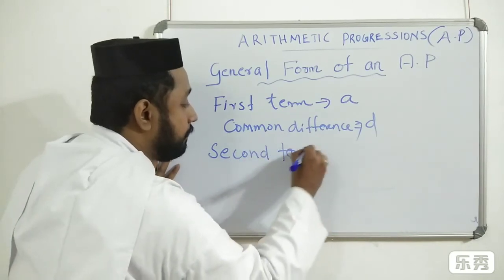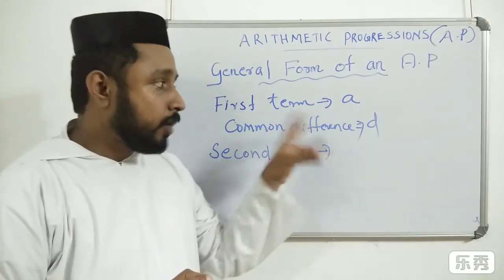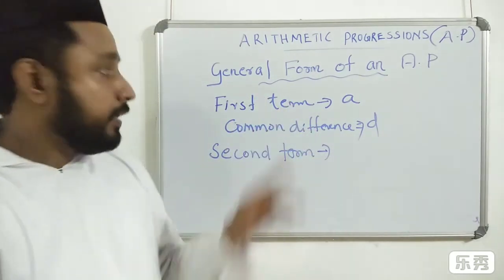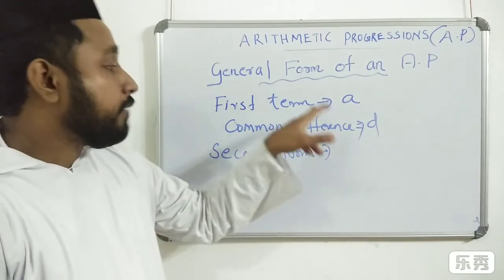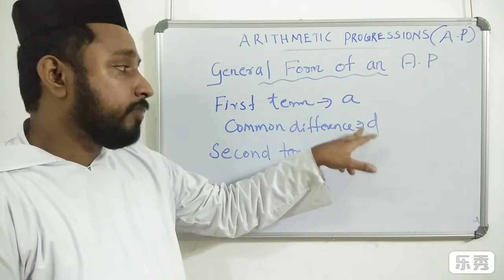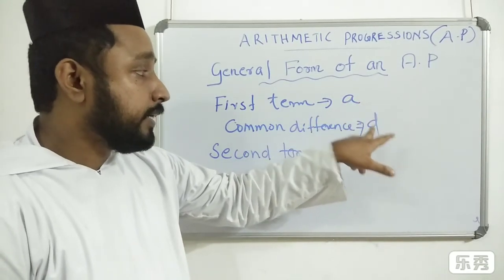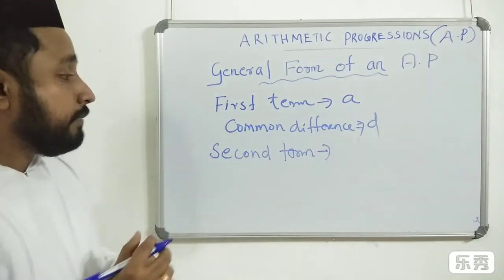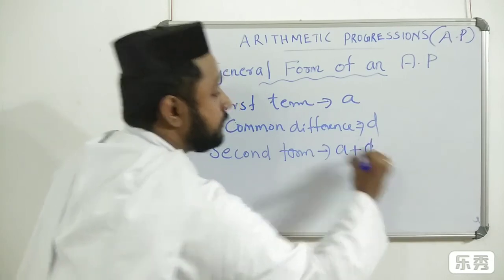For the second term, we add a fixed term, the common difference, to the preceding term. Here a is the first term and the common difference is D. Then the second term is a plus D.